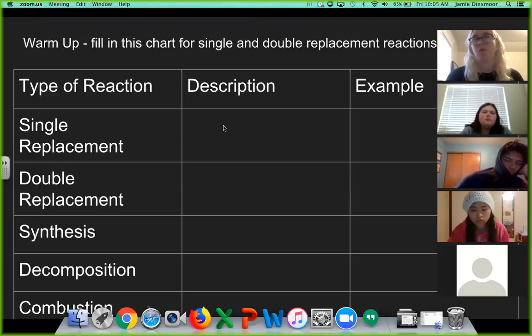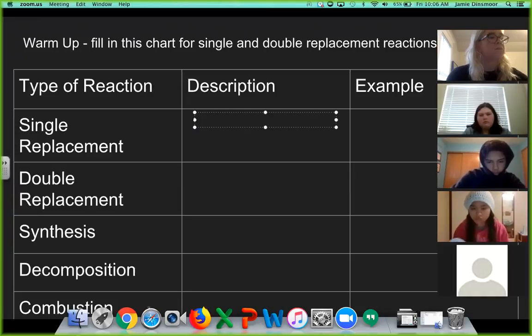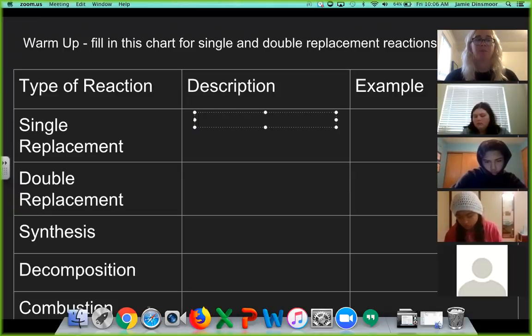What did you guys write for a description of that? One element replaces a similar element in a compound.